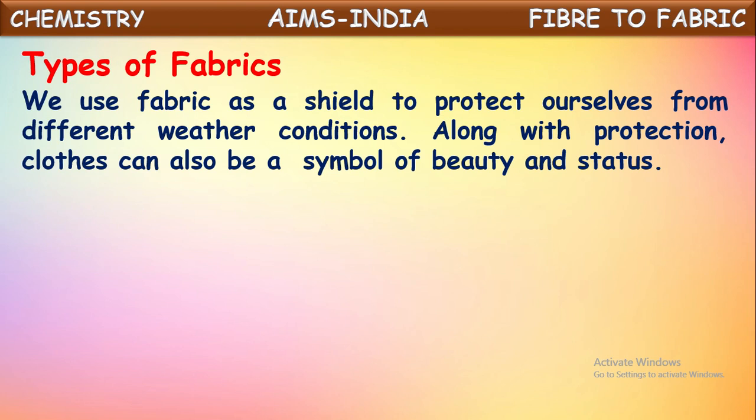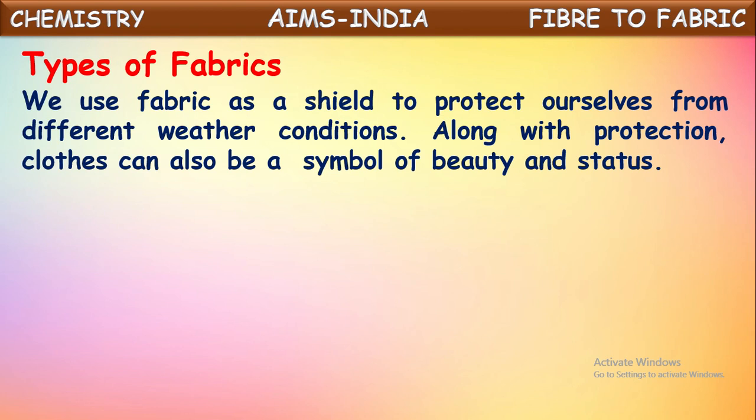How do these clothes protect us from the weather conditions? Suppose in winter we use thick clothes which are made from wool. They give warmth to the skin. In that way, they protect us from the cold.